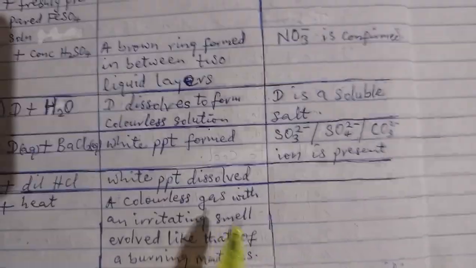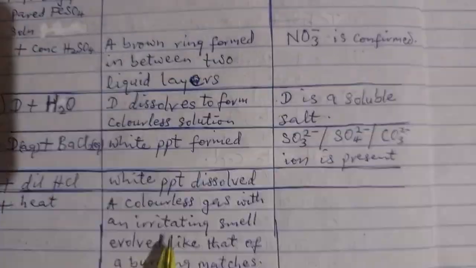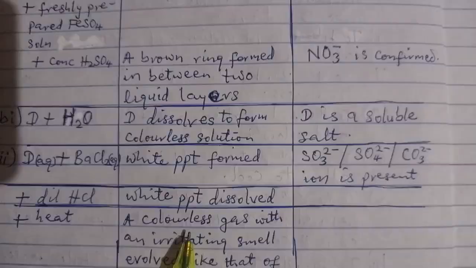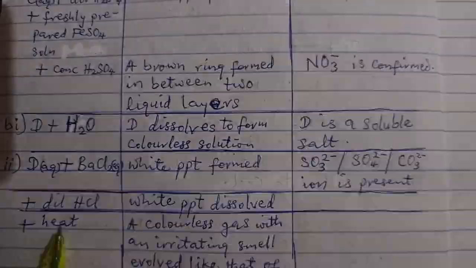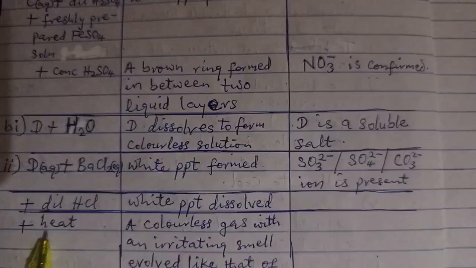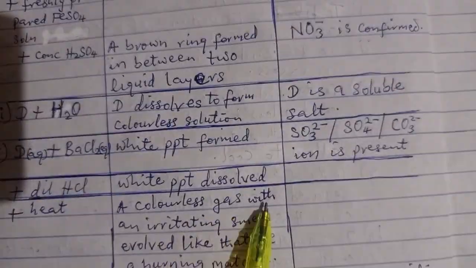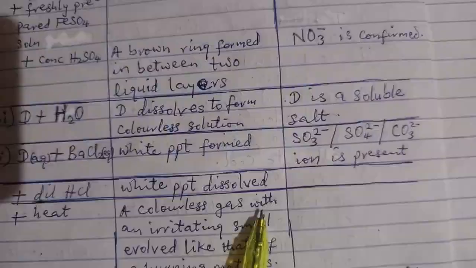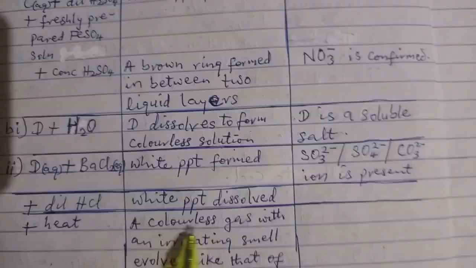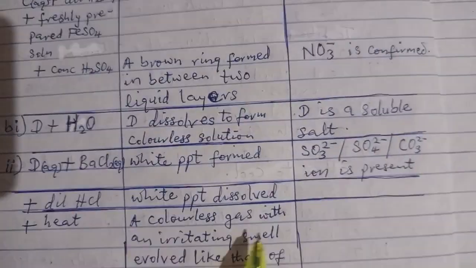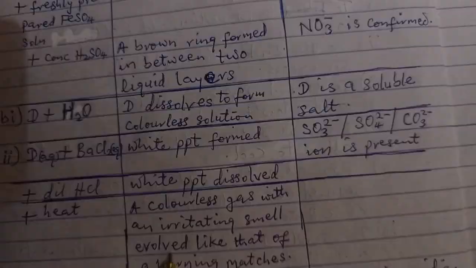So the first thing, you perceive the odor of the gas that is coming out by heating. When it dissolves, now heat it. As you heat it, a colorless gas, you will not see the color, with an irritating smell evolved.